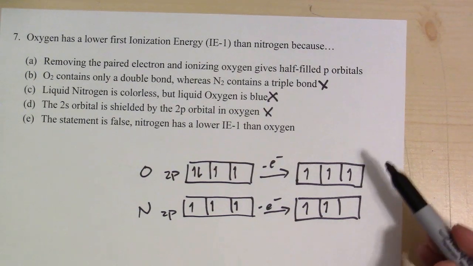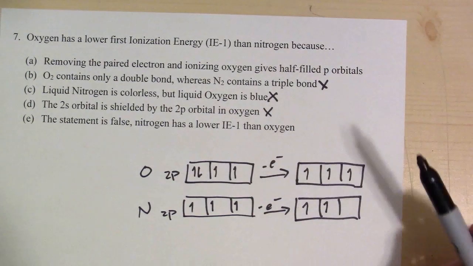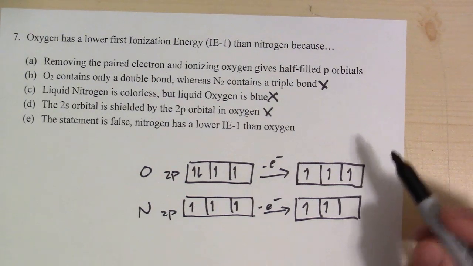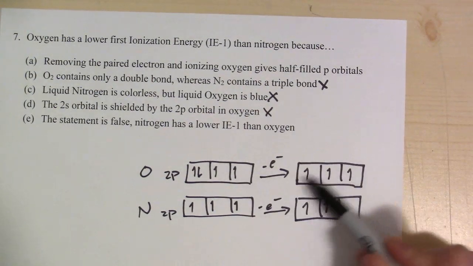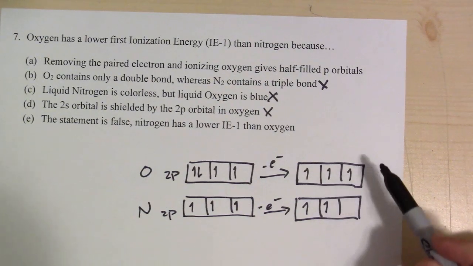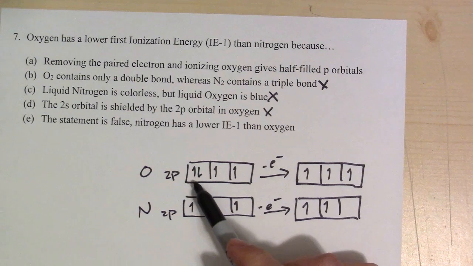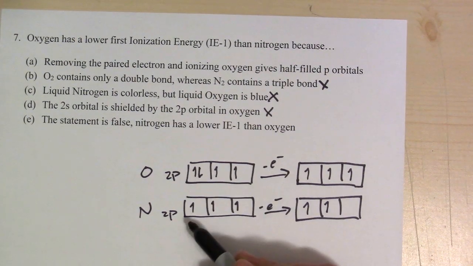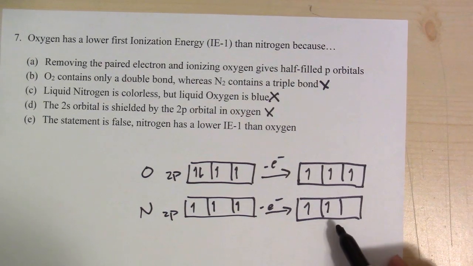So that would mean that oxygen is more readily able to lose an electron, because losing an electron actually gives it the half-filled configuration, which is stable, compared to 1 too many or 1 too few electrons. So when you take 1 away from nitrogen, you are breaking the half-filled configuration.